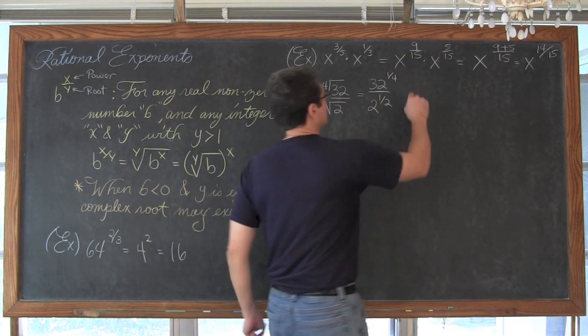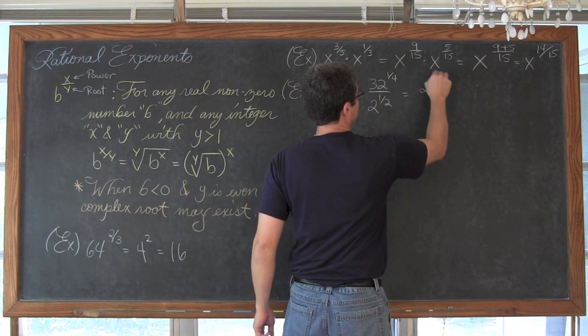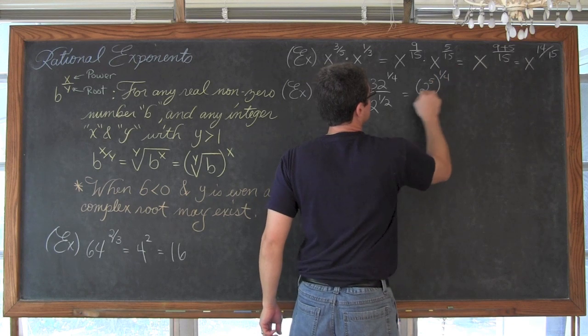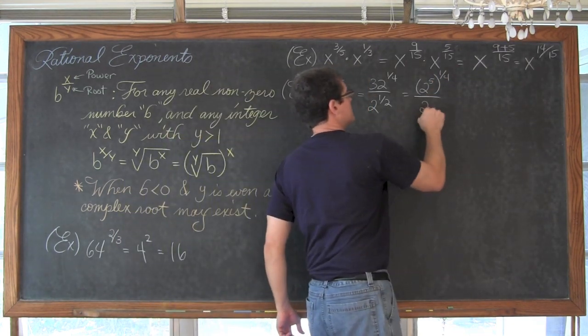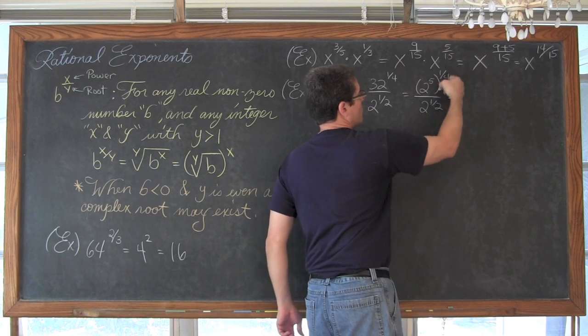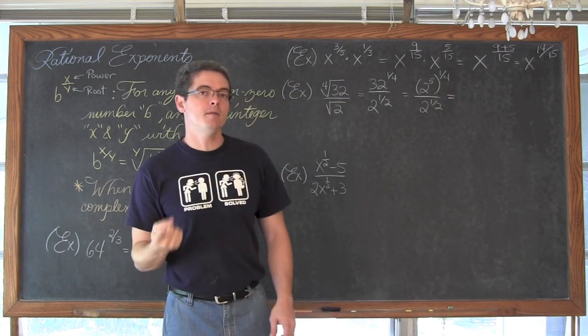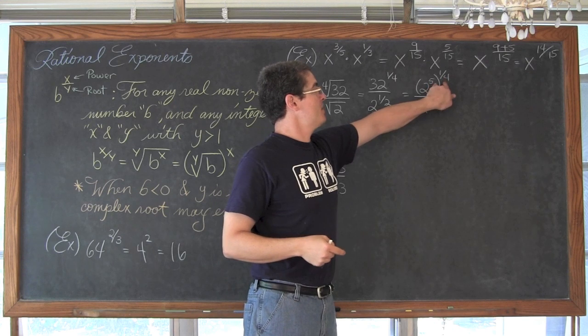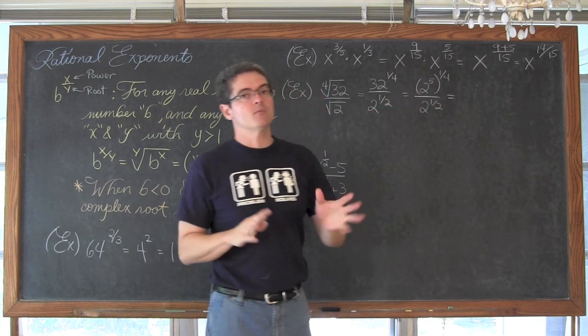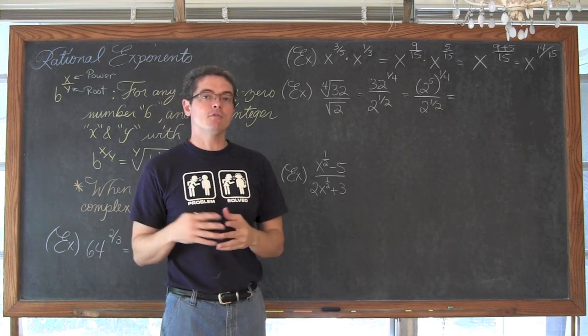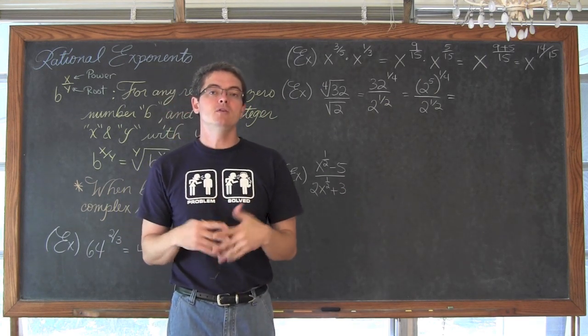So 32 is 2 to the 5th raised to the 1/4 power. We didn't apply that fourth root, over 2 to the 1/2 power. When you have one base, that base of 2, and you have stacked exponents, they're kind of touching or just separated by that parentheses right there, then you need to apply the power rule for exponents. And when you do that, you multiply them.